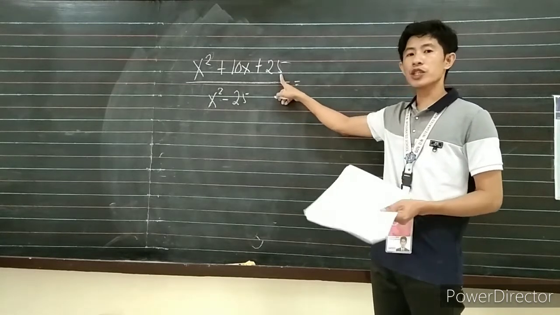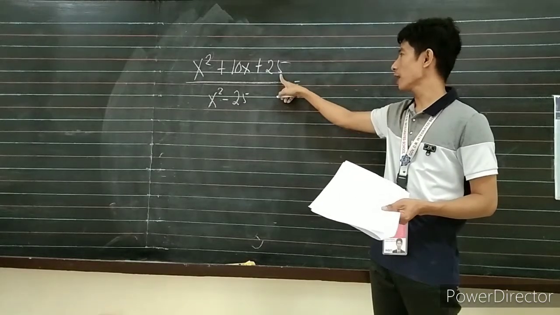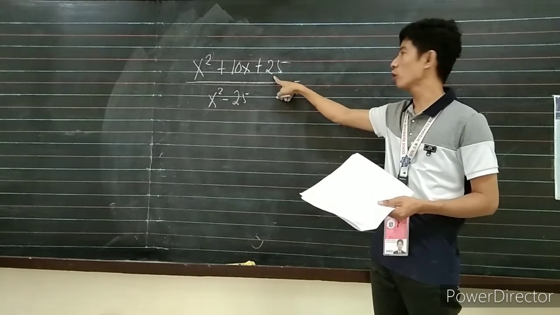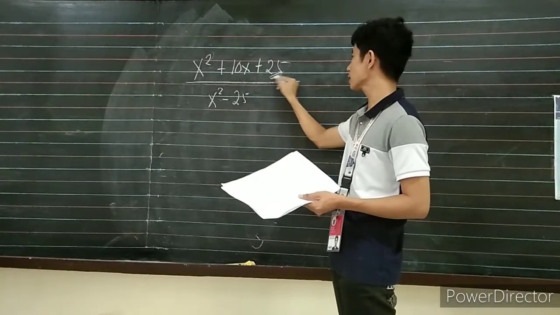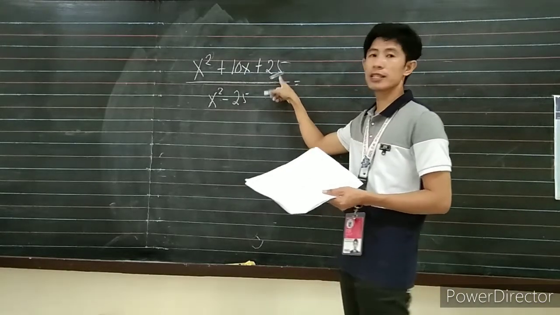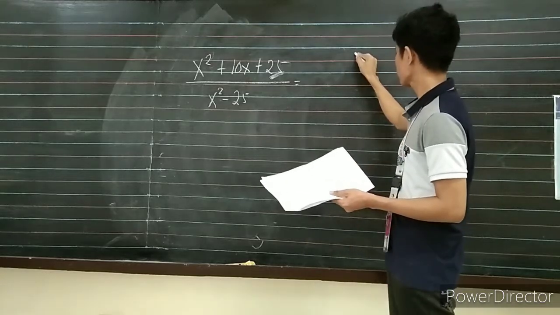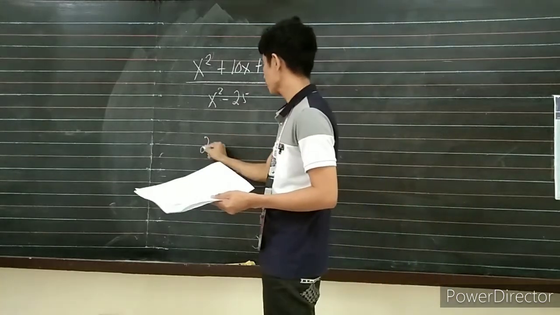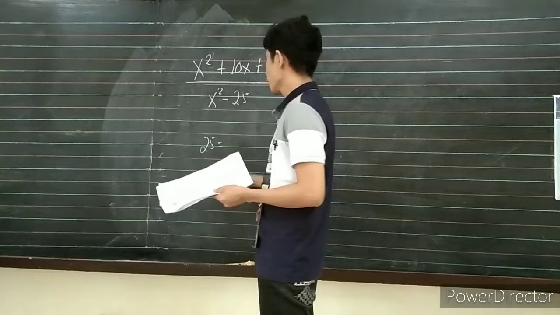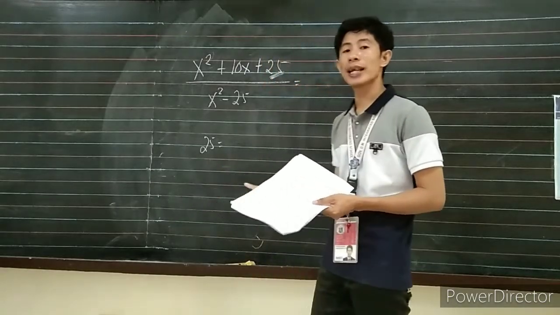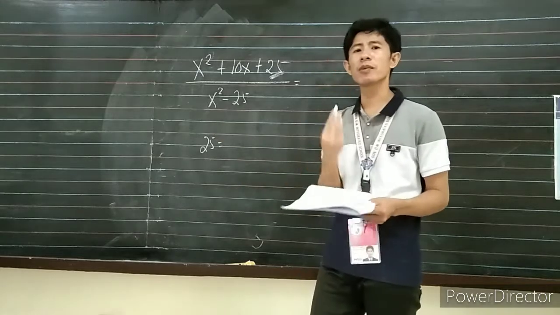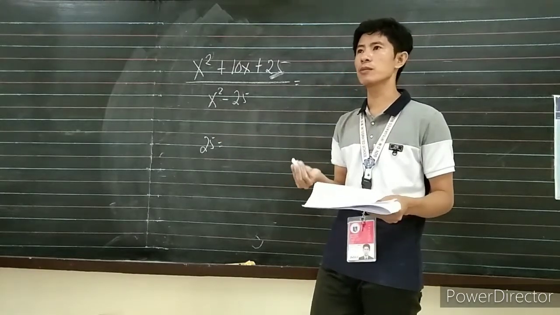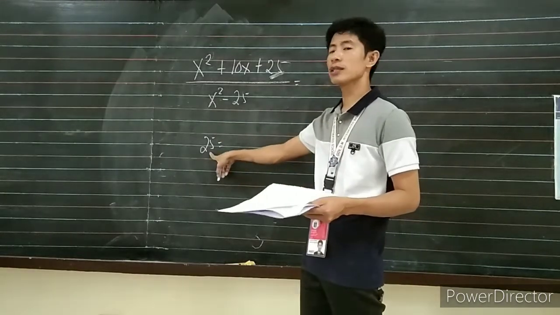So, I will teach you another method in factoring a trinomial. The first thing to do is to focus on the constant term, which is 25. Then, what are the factors of 25? What are the numbers that, if we multiply them, the answer is 25?